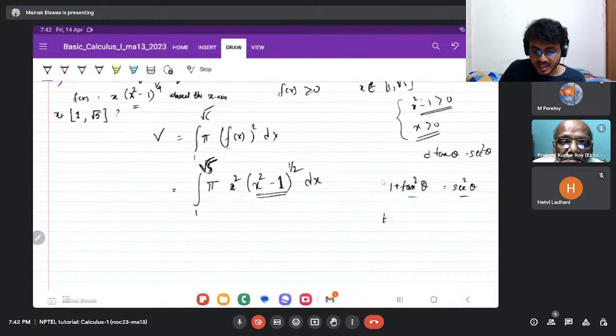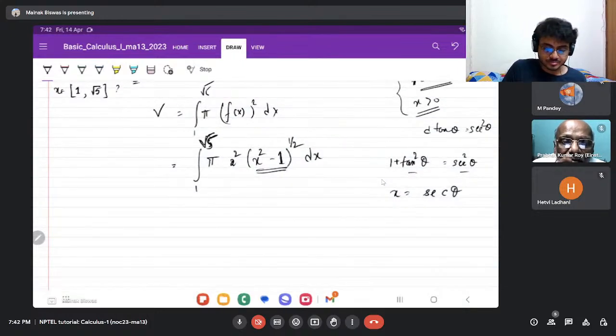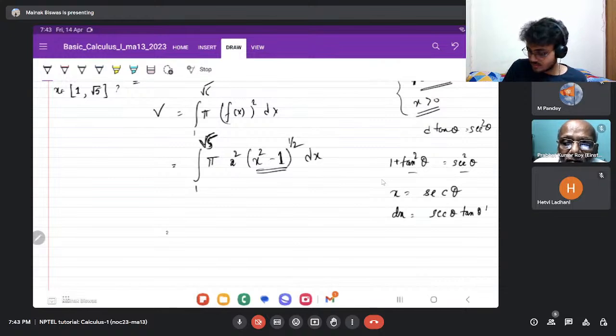So if you take x is equal to sec theta, then your dx is sec theta tan theta d theta. Agreed? Took the derivative of both sides.